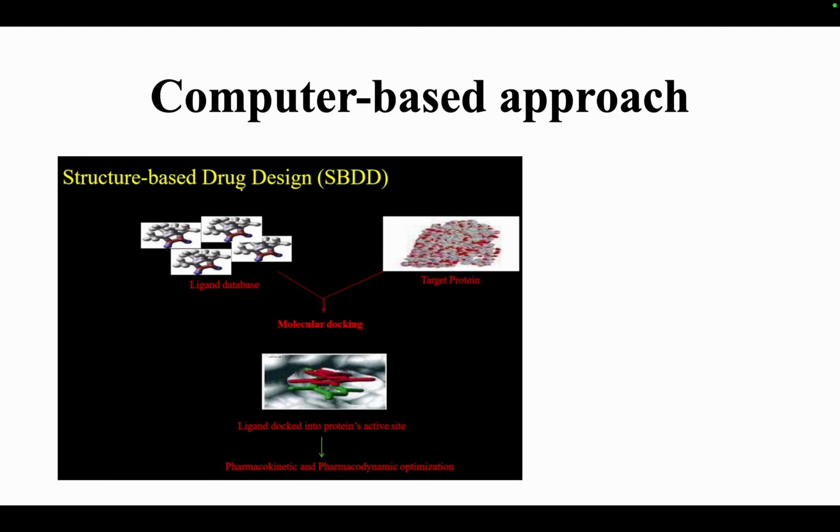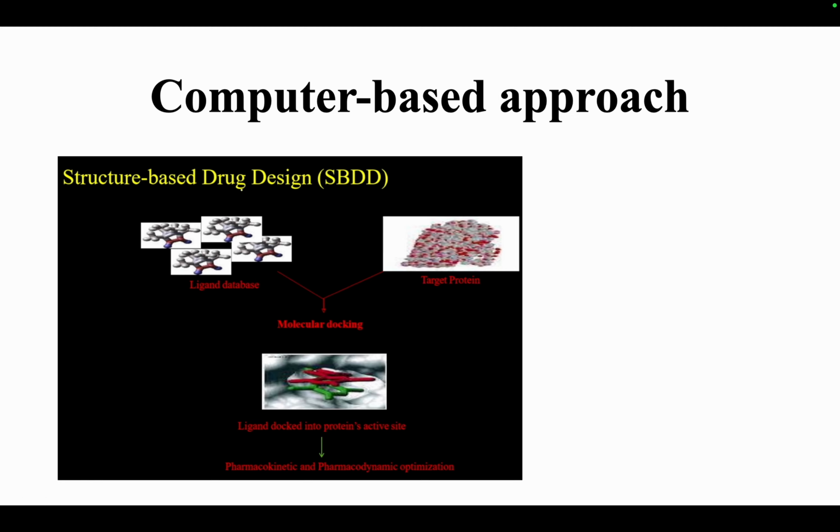Then we have the computer based approach, in which we do structure based drug designing. We have a ligand database, just like a library in experimental conditions, with different structural and functional ligands, and then we have a target protein, and we do molecular docking.